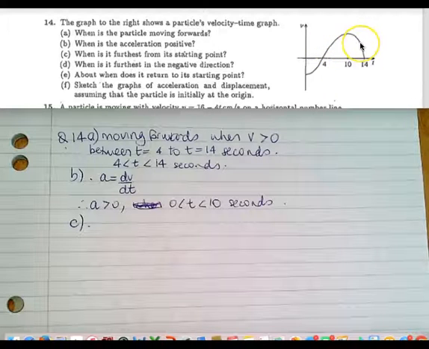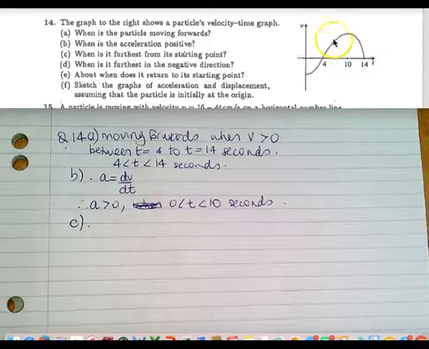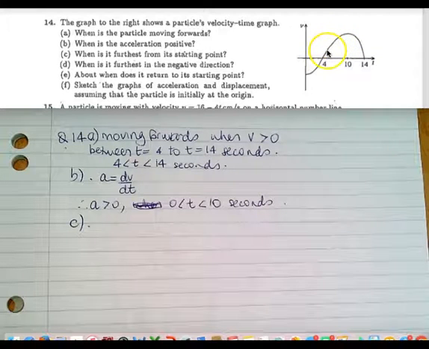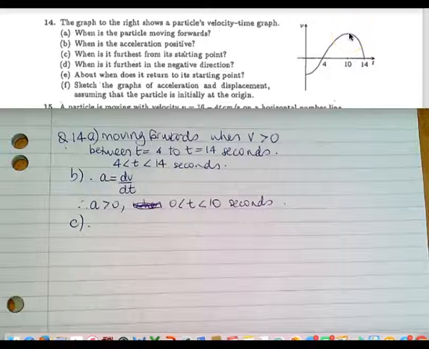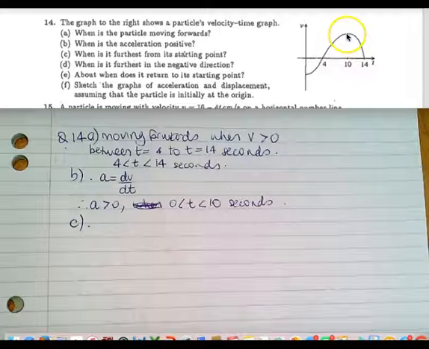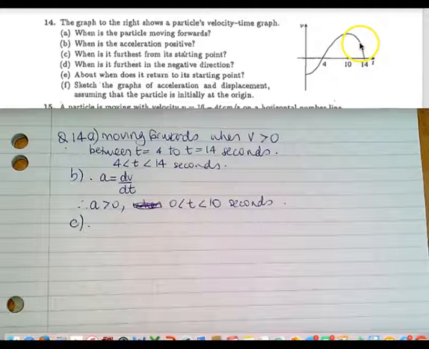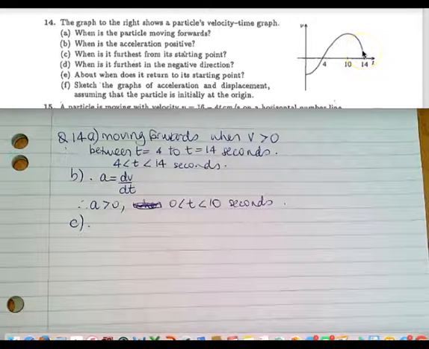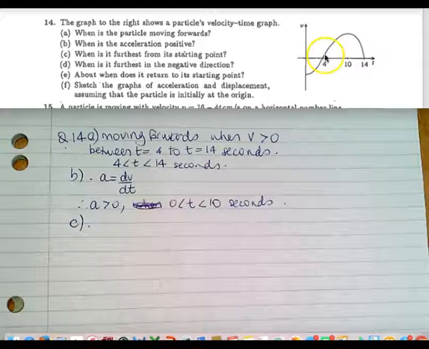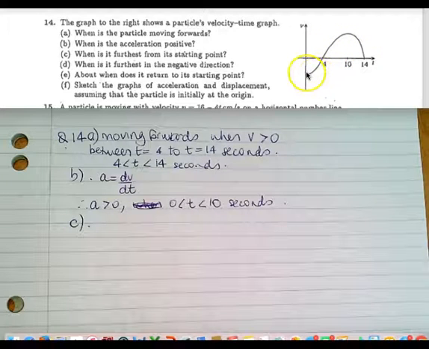These values of velocity, even though they're getting smaller, just mean that the particle's moving faster along here. So it's moving faster in the positive direction, and this is the maximum velocity up here, but the particle is still moving in the positive direction because the values of velocity here are still positive, and the value of velocity here is still positive as well. So in other words, for all this section, the velocity is positive and it's moving furthest from its starting point.